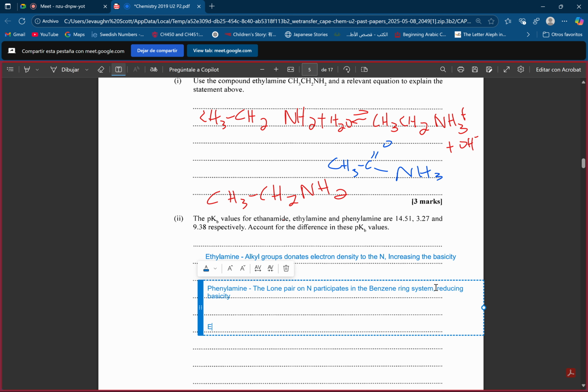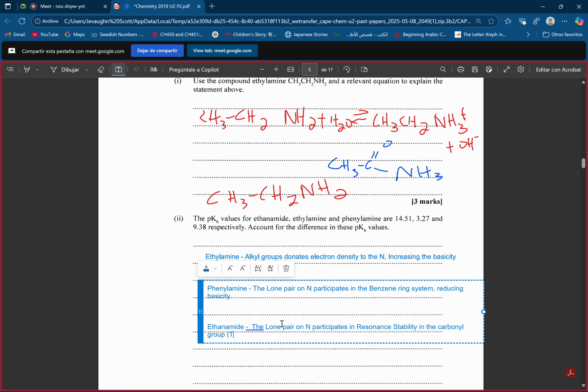But with the ethanamide, same thing about the lone pair on the nitrogen. The lone pair of nitrogen now participates in resonance stability with the carbonyl group, right?